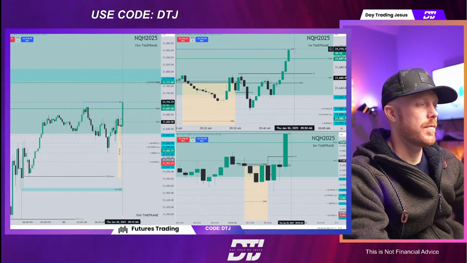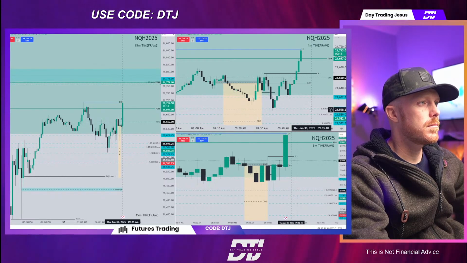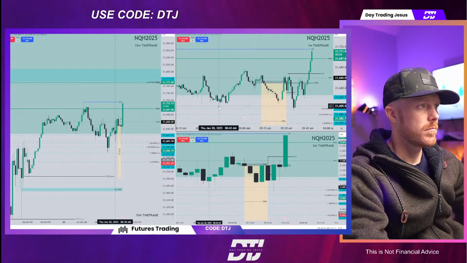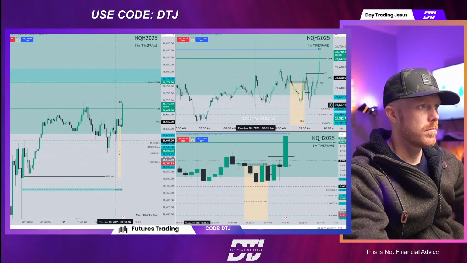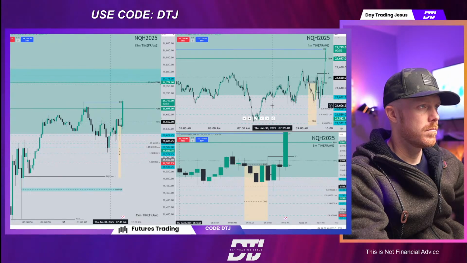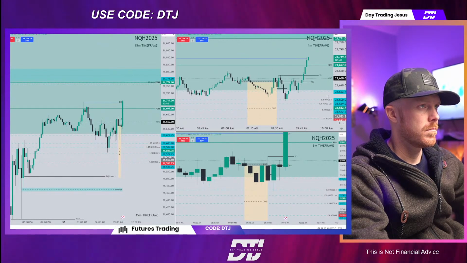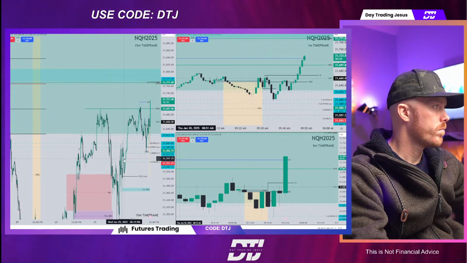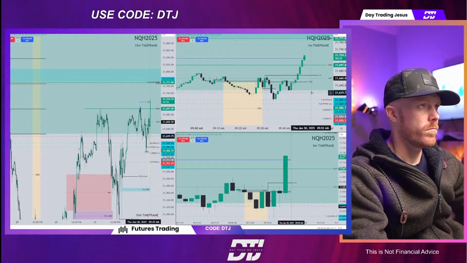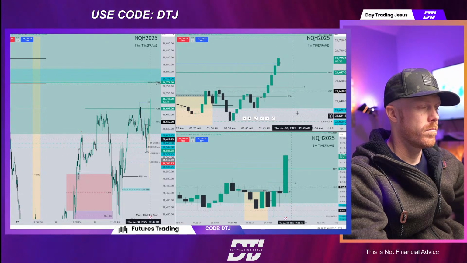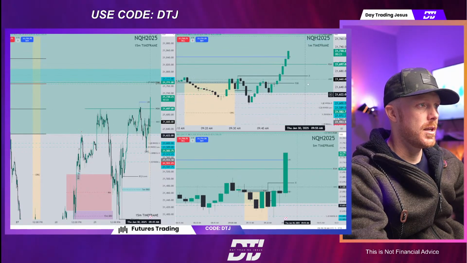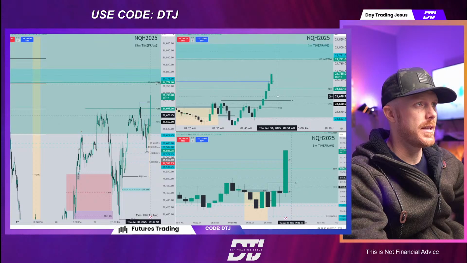All right, so there's London high right there. So current plan change is going to be we didn't run these lows, which I wanted to, but it's obvious that we're expanding higher.